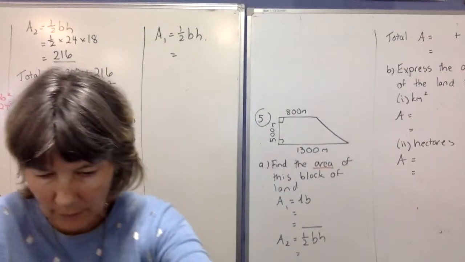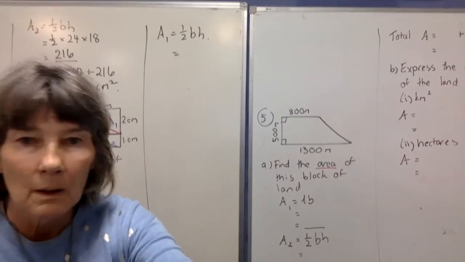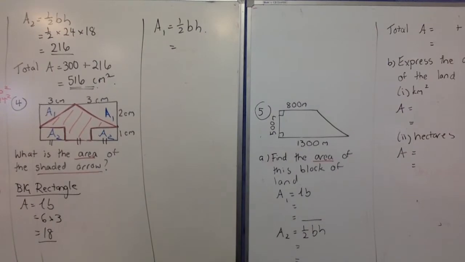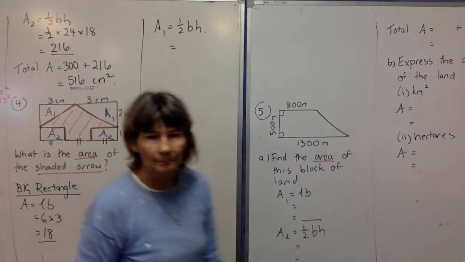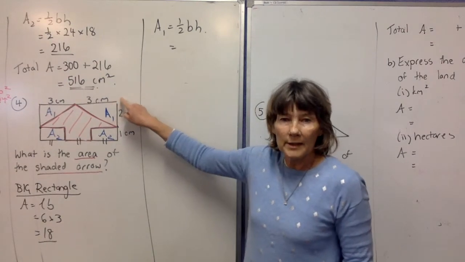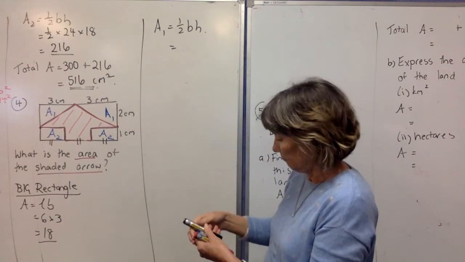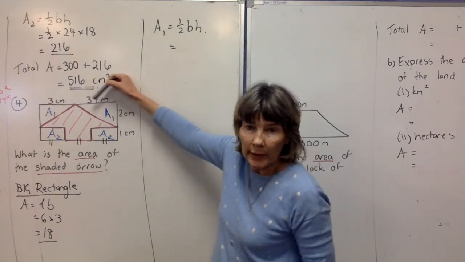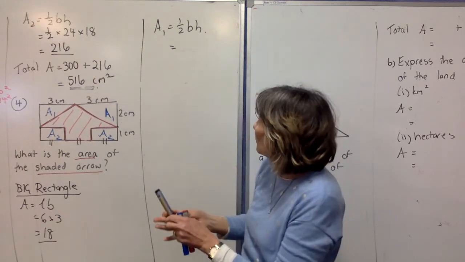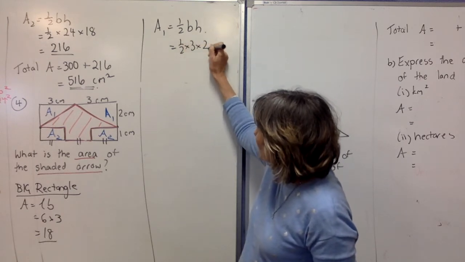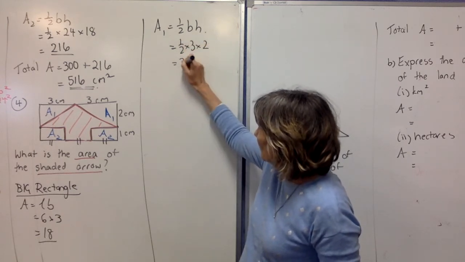All right, so let's have a look. So in this one here, we're now finding the area of this little triangle up the top. So the base of that triangle is 3 and the height is 2. I'm going to put that in, half times 3 times 2, and you'll get an answer of 3.